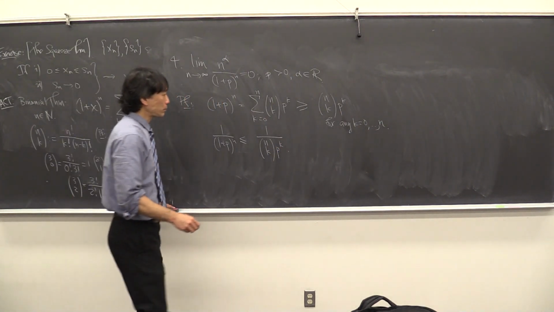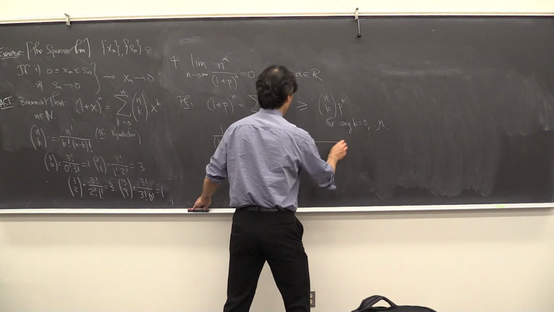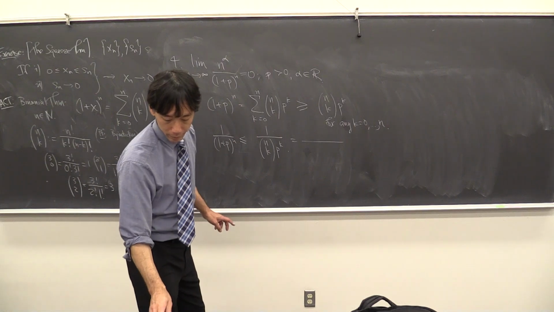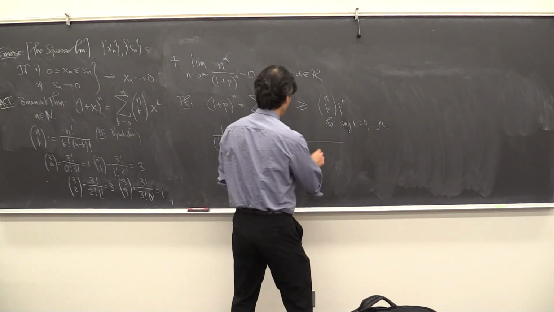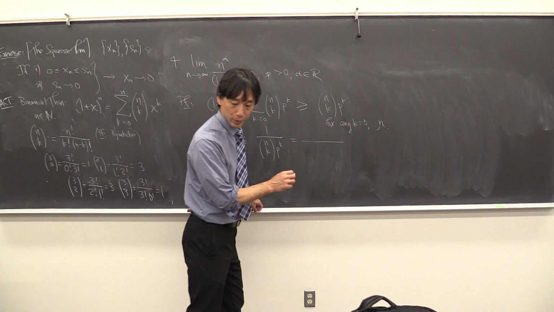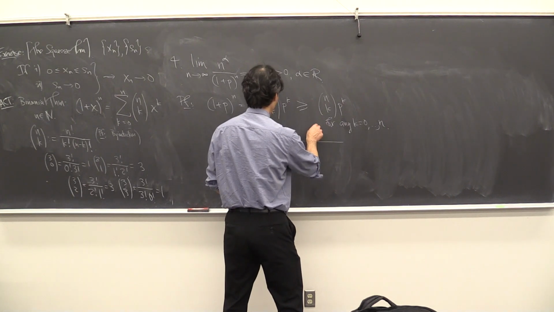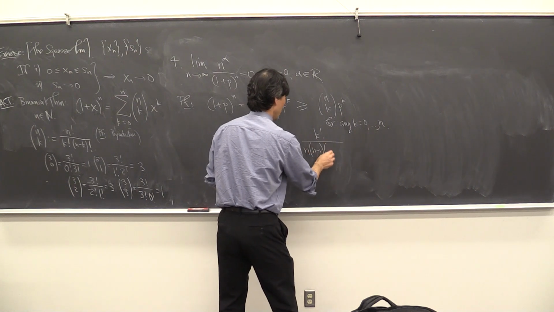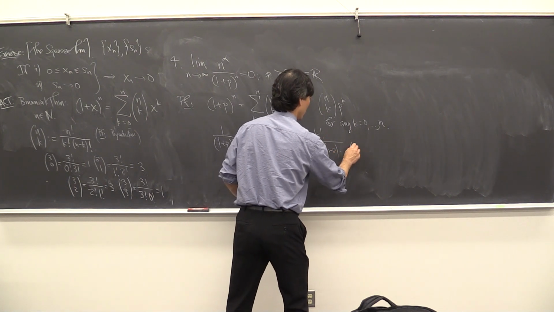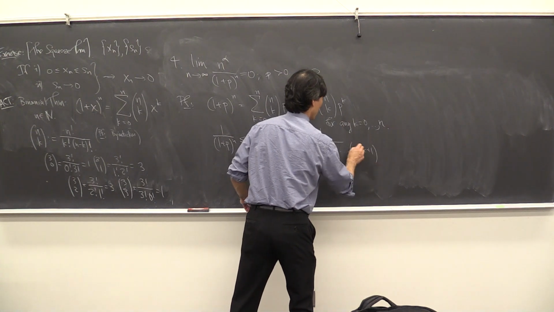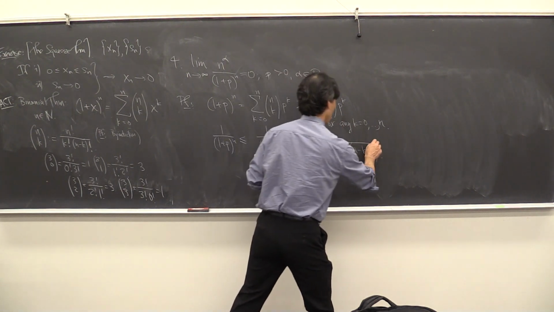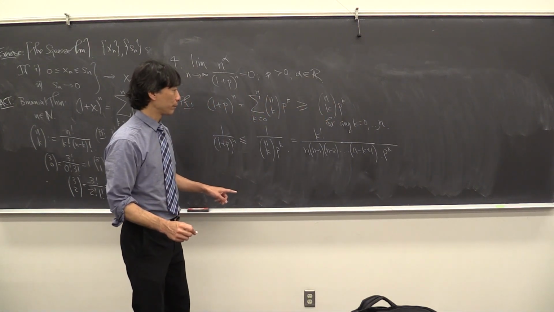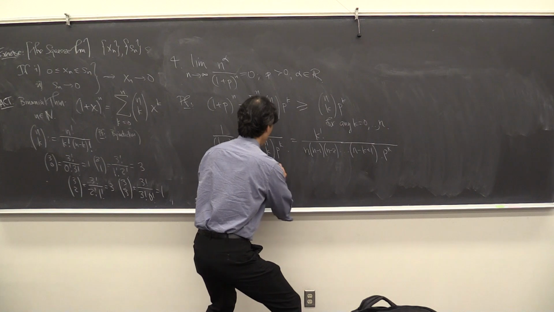Which is, sorry, k factorial and n minus 1, n minus 2, up to n minus k plus 1 over p to the k.